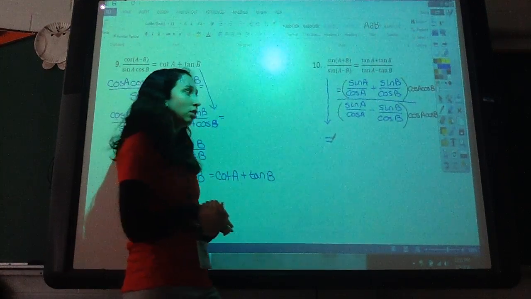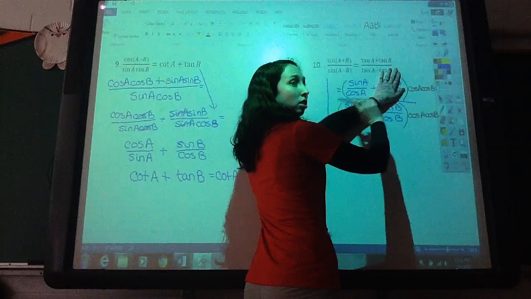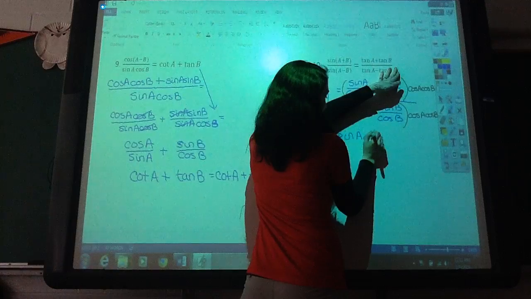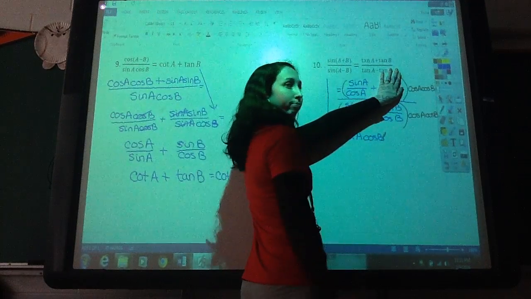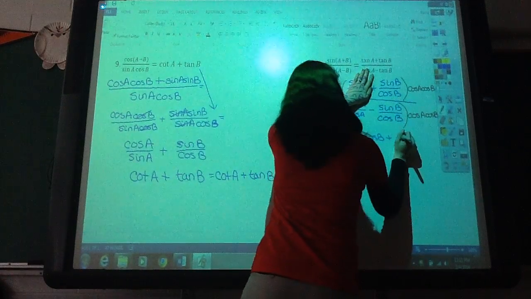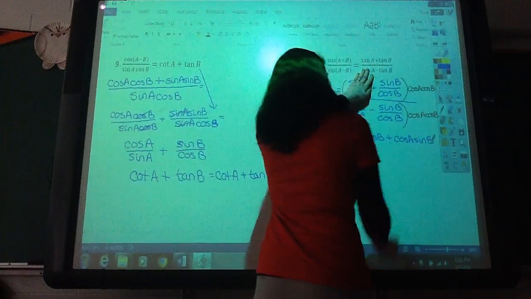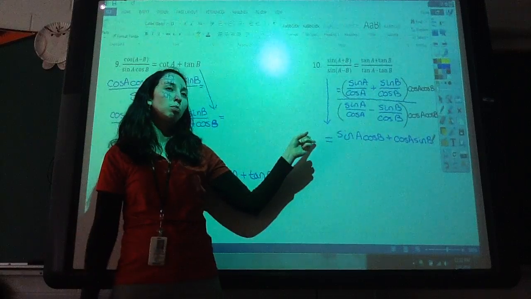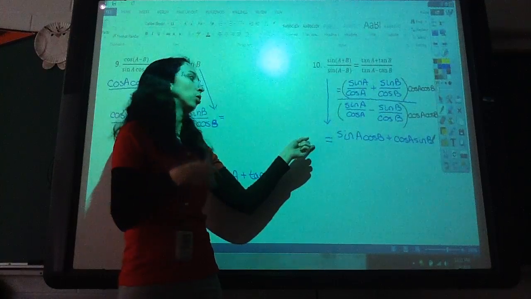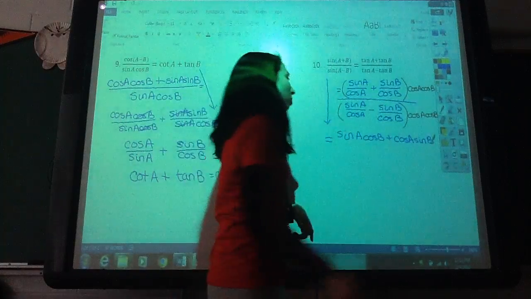All right. So in the first term up top, cosine A cancels, right? And don't I have sine A cosine B? In the second term, cosine B cancels, so I have cosine A sine B. Isn't that my sine sum formula from the top? So I know right now my top is going to be exactly what I want it to be. Because this is the sum formula.